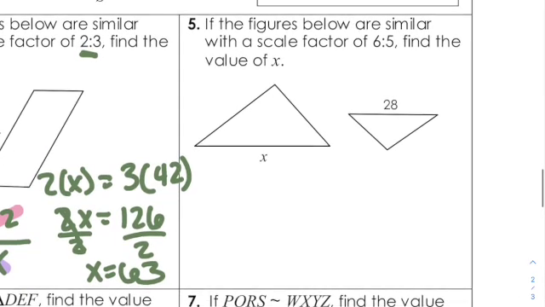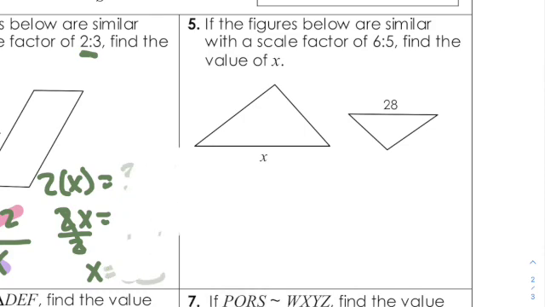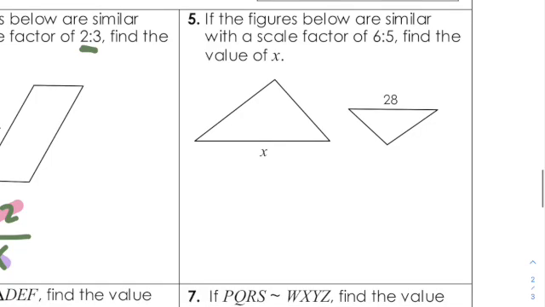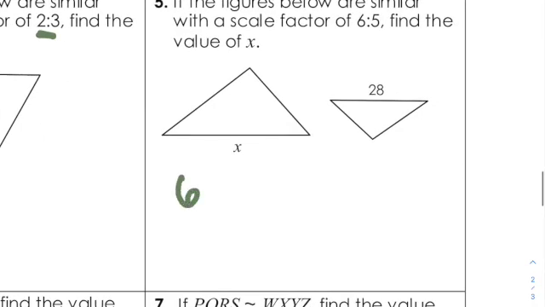Alright, so now let's move to 5. It says if these figures below are similar with a scale factor of 6 to 5, find the value of x. So remember, we have to write 6 to 5 as a fraction instead. And again, order matters. It wrote 6 first, so 6 needs to be up top. We'll use the same logic.